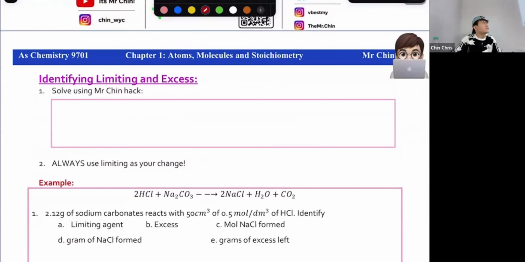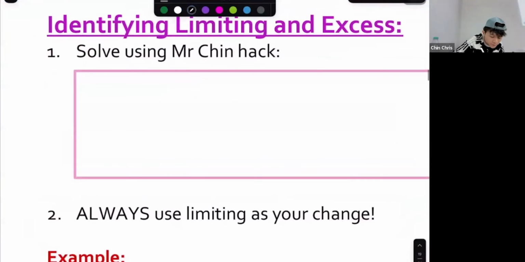Alright, guys, now let's look at identifying limiting versus excess. Do you guys know how to identify limiting and excess? First, I'm going to teach you to draw a RICE table. This RICE table is going to make everything super easier.